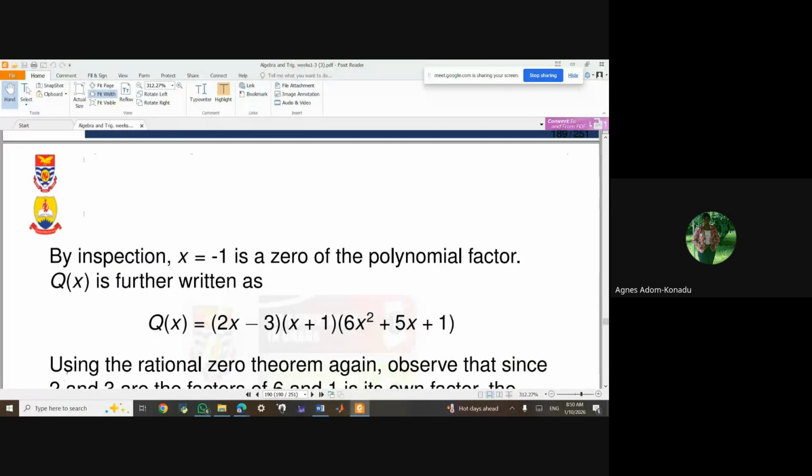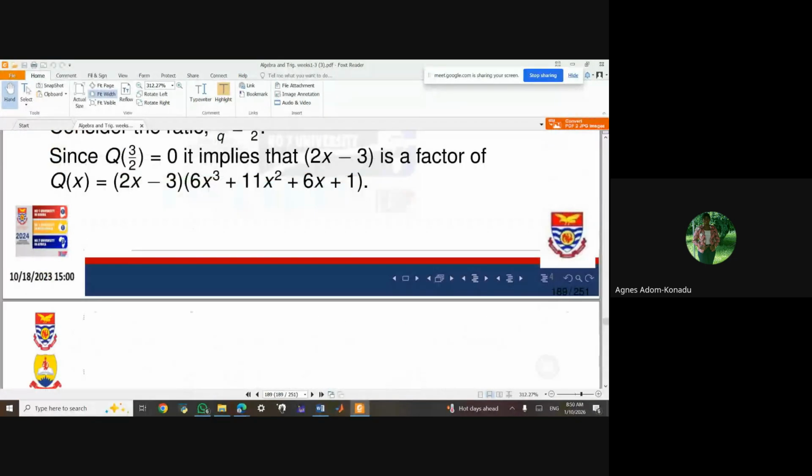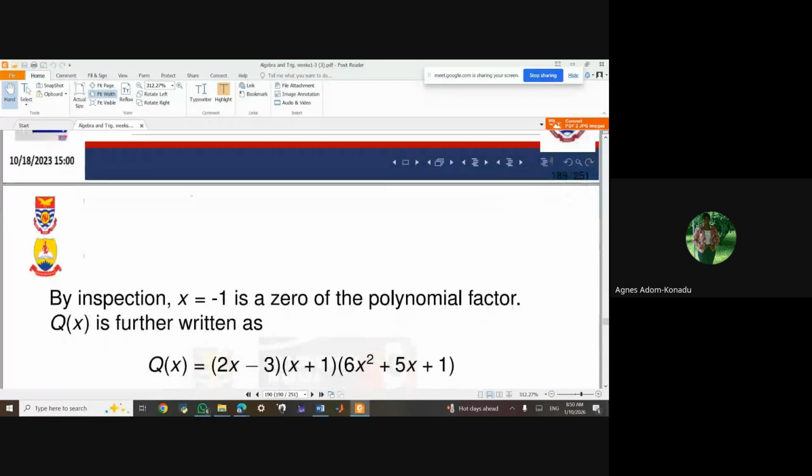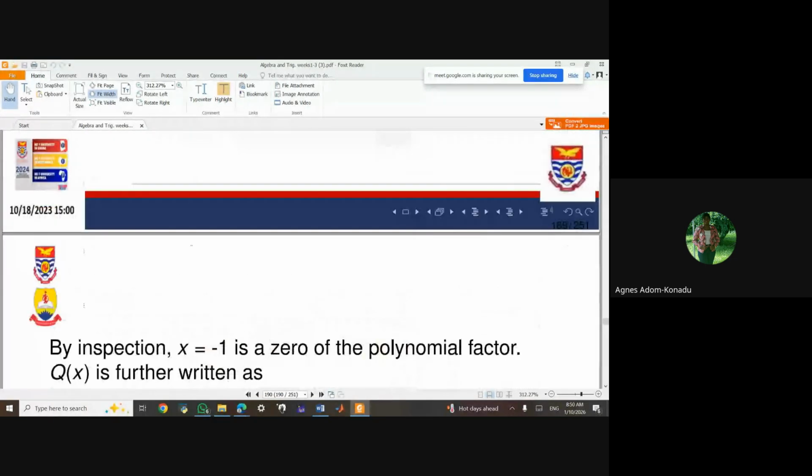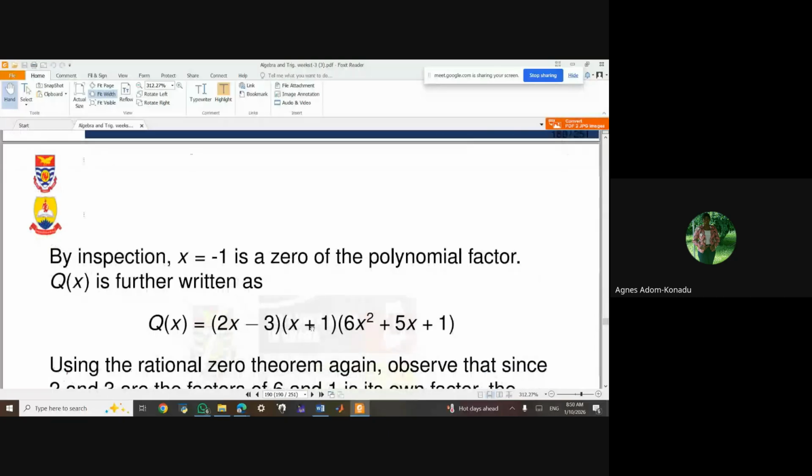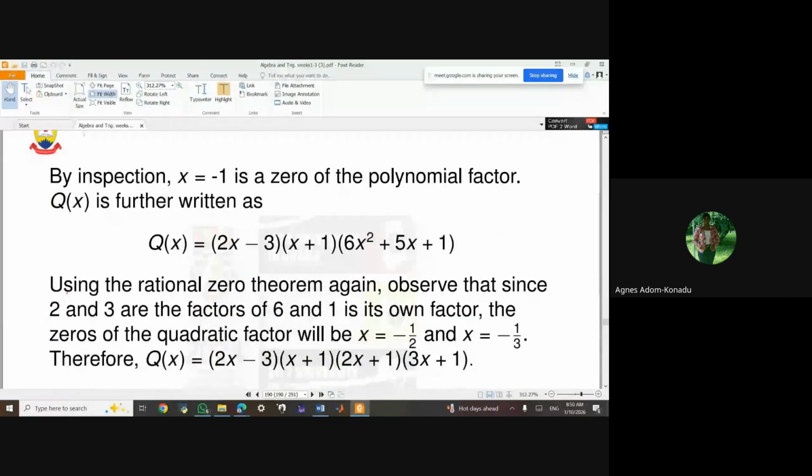Then you divide. By inspection, s equal to minus 1 is a factor. So you use long division, and you're going to get x plus 1, and then 6s squared plus 5s plus 1. This is a quadratic function, so you will see if it is factorizable.